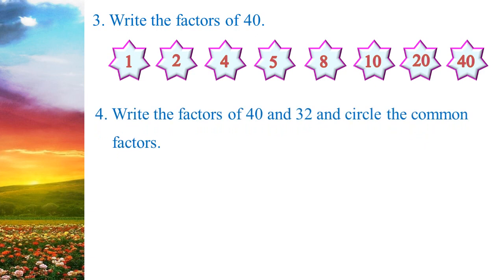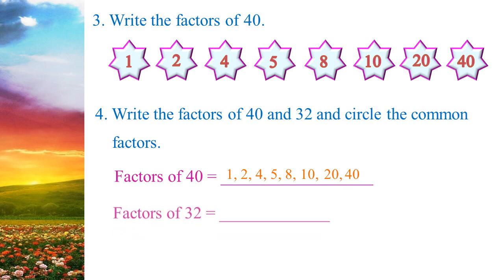The fourth question, write the factors of 40 and 32 and circle the common factors. Now we are going to write factors of 40: 1, 2, 4, 5, 8, 10, 20 and 40.